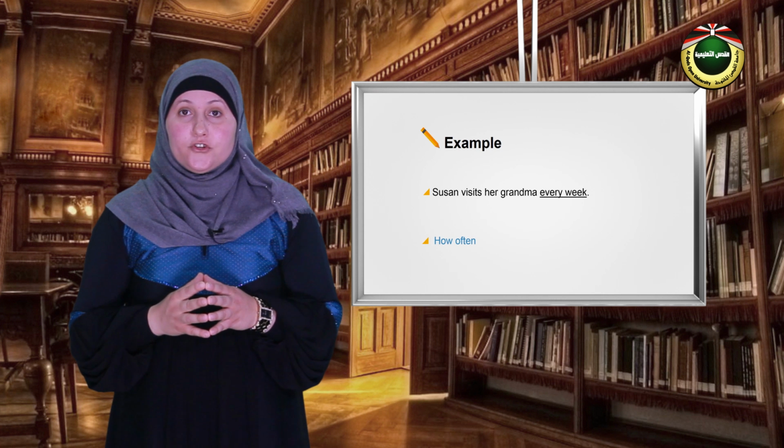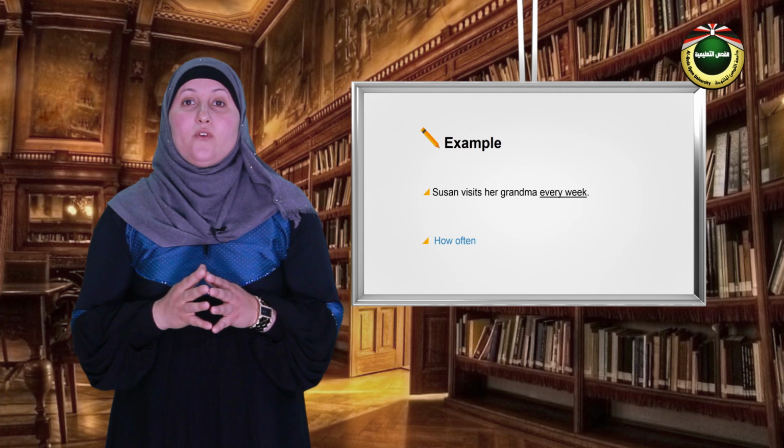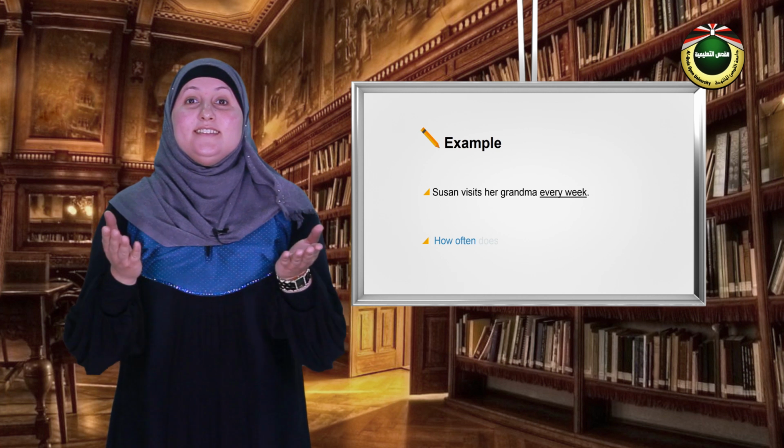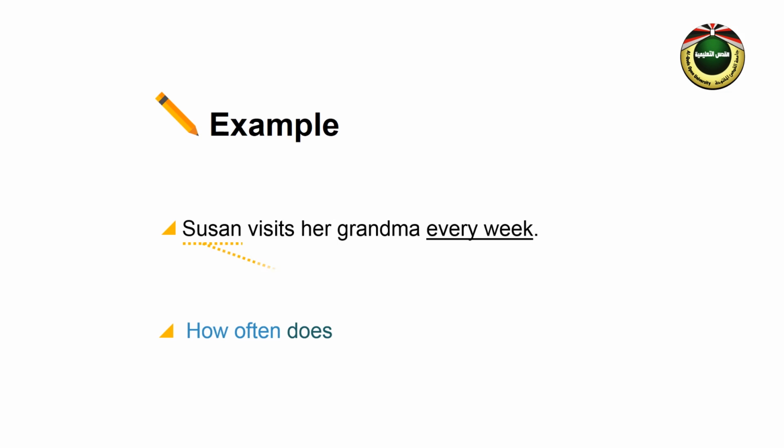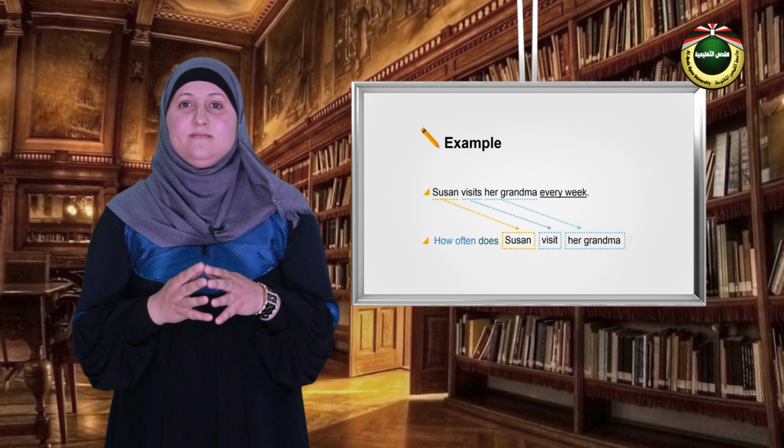And the subject here is singular. So, we need to derive the helping verb does, and then put the subject and change the verb into an infinitive form. The question is, how often does Susan visit her grandma?